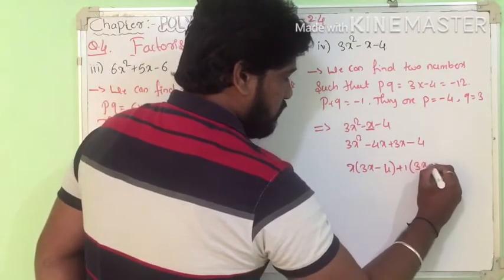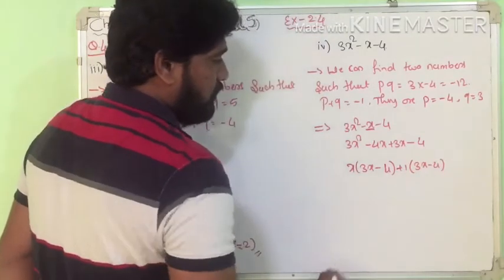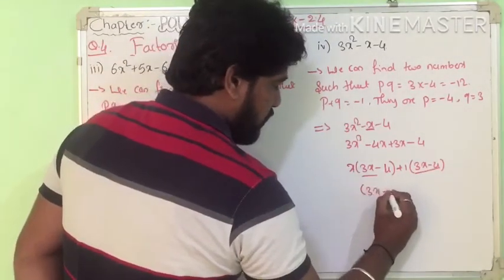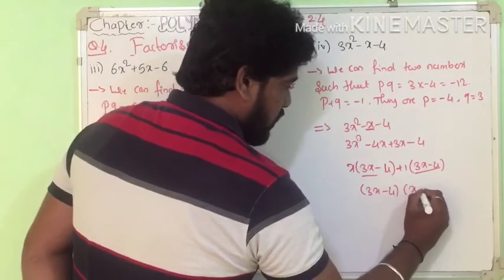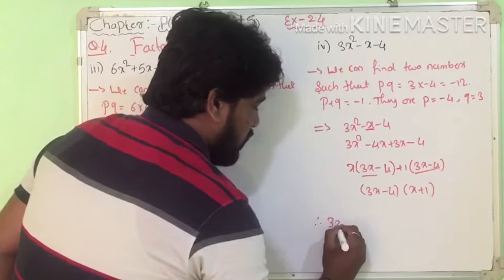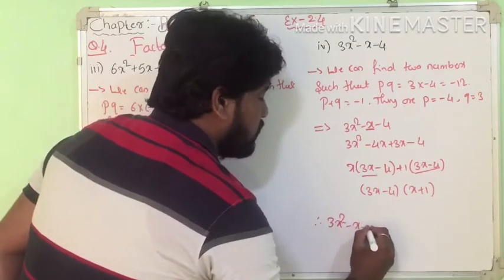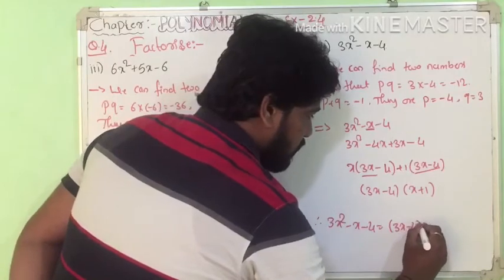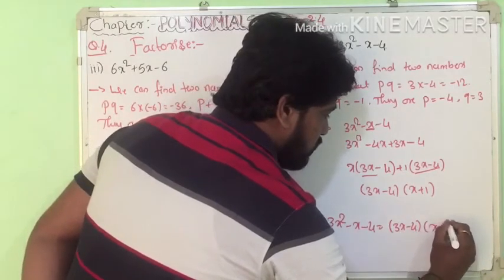So 3x minus 4, right? So these two are common. So take outside 3x minus 4, remaining term x plus 1. So therefore 3x square minus x minus 4 is equal to 3x minus 4 into x plus 1.